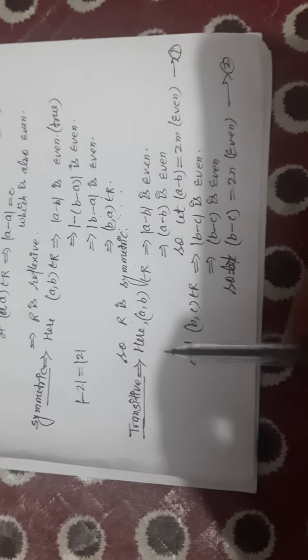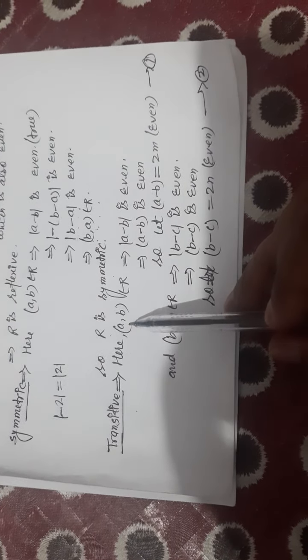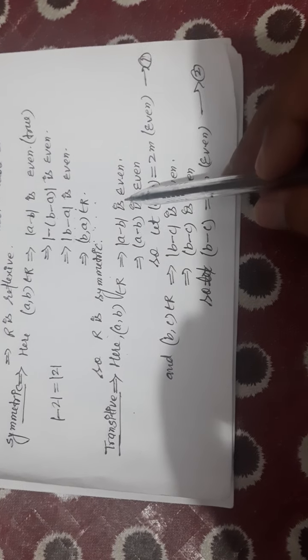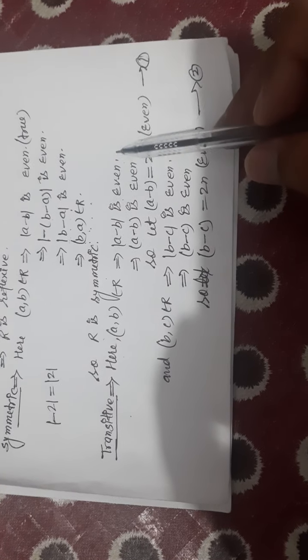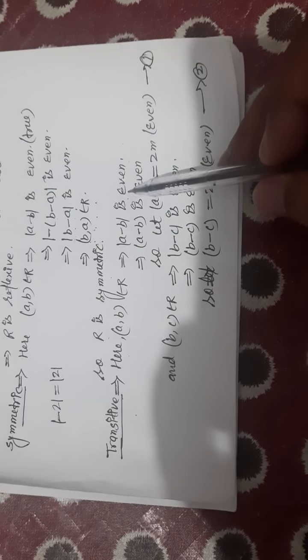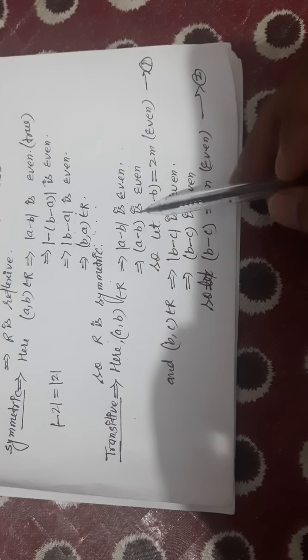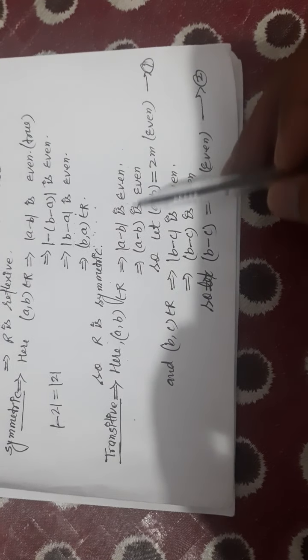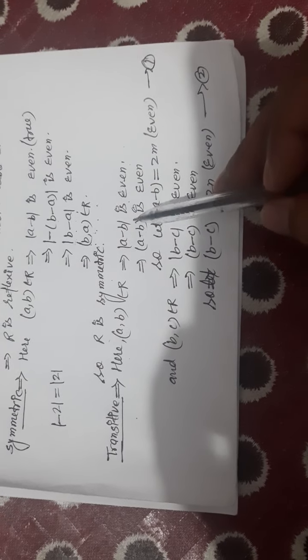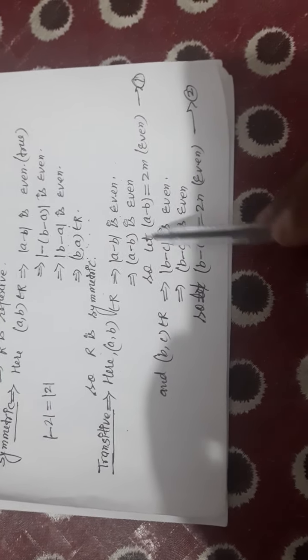Now come to the third point, transitive. Here for (a, b) belongs to R, |a - b| is even. This is true because it is given in the question. When |a - b| is even, then a - b without modulus will also be even.